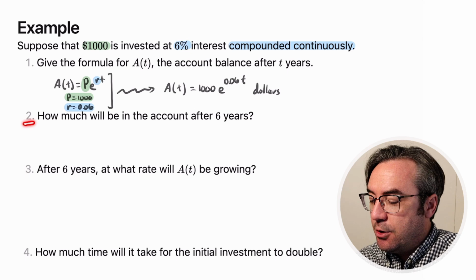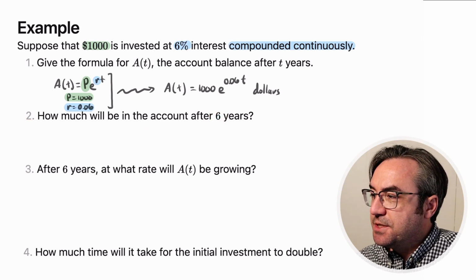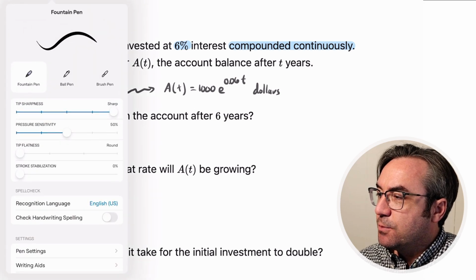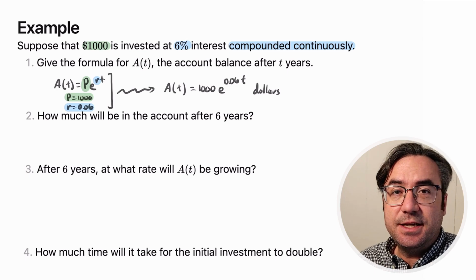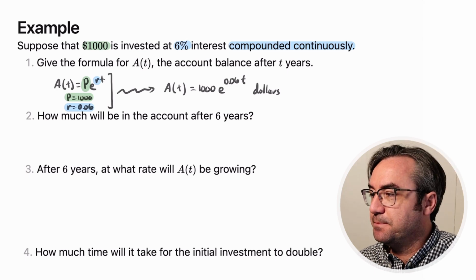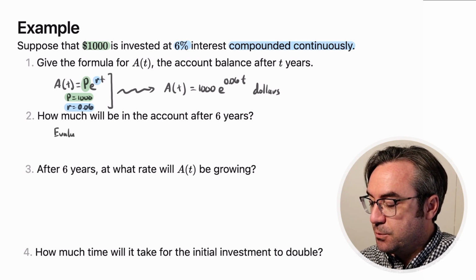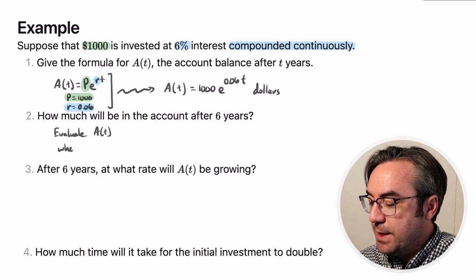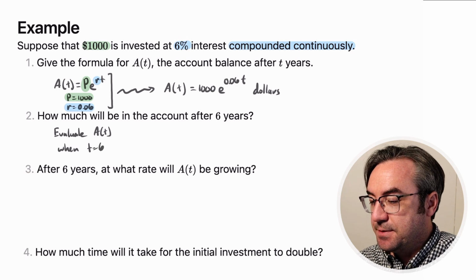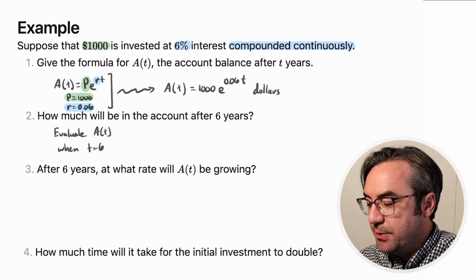So in part 2, we want to know how much money is going to be in the account after 6 years. Well, all this is saying is we're just going to plug t equals 6 into our account balance formula. So we're going to evaluate A of t when t is equal to 6. All right, well, let's do it.